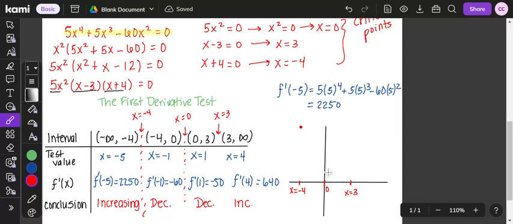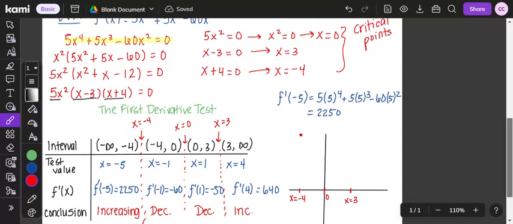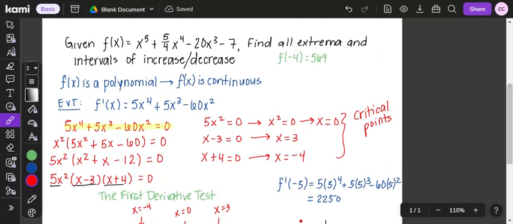And then at this last point, okay, at x equals 3, I went from decreasing to increasing. So this must be the bottom of a valley, a minimum value. Okay, and one last thing, I can figure out where f of 0 is on my graph by plugging 0 into the original function. I'm going to get -7.